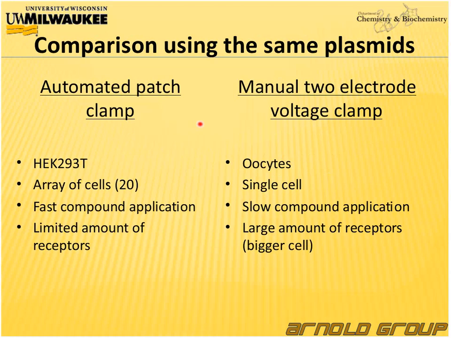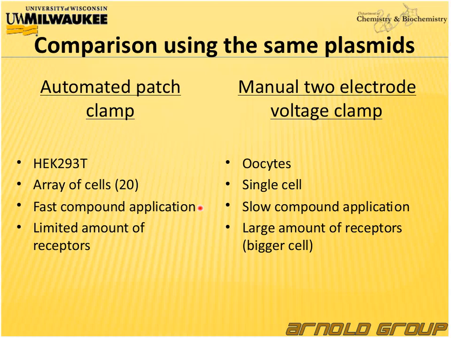So what I want to show you today, in the first part of the talk, is a comparison between our automated patch clamp assay and a manual 2-electrode voltage clamp assay, which was carried out in the laboratory of Professor Siegert. So for the automated patch clamp, we are using HEK293 T cells. We are patching in one trapping zone 20 cells.